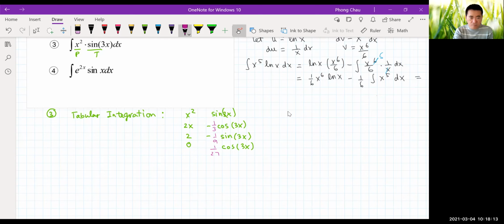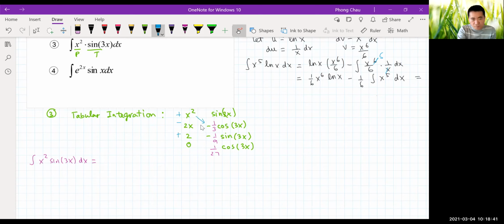Now, with this done, your integral becomes, let me write it down here, the integral of x squared times sine of 3x is, now don't forget the signs would be positive, negative, and positive.